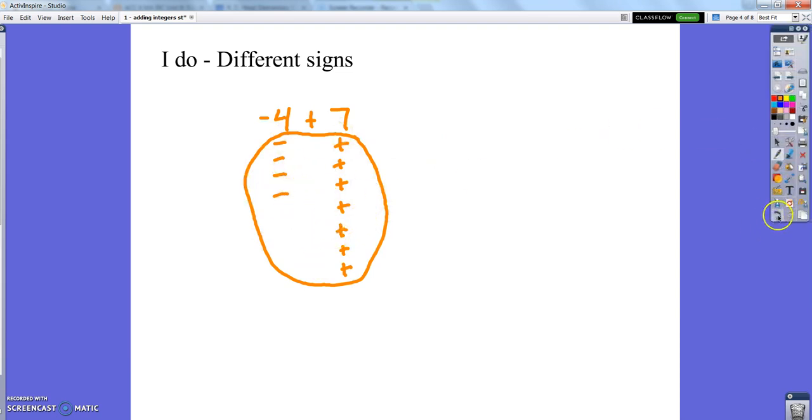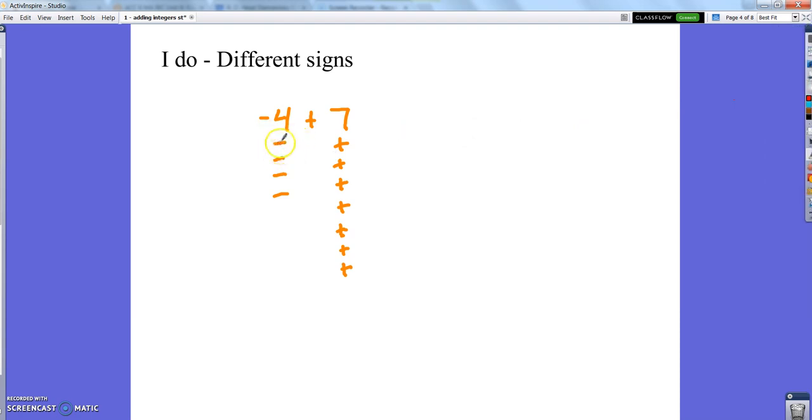When I put it into one set of stuff, I'm going to start to make opposite pairs. If you notice, I can take these 4 negatives and pair those up with 4 positives.